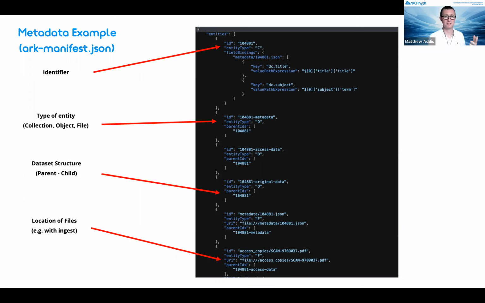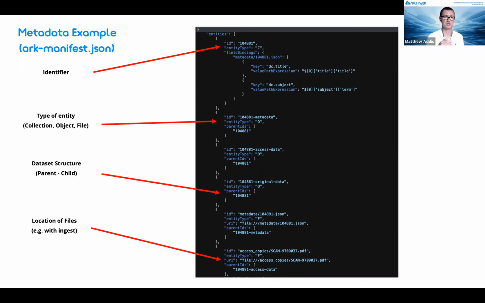So you can define the structure of the data set in terms of identifiers, the types of entities, so PCDM collections, objects and files, how they're related to each other using a sort of parent-child structure, and how that relates to the actual files in the ingest and where they're located inside the ingest.